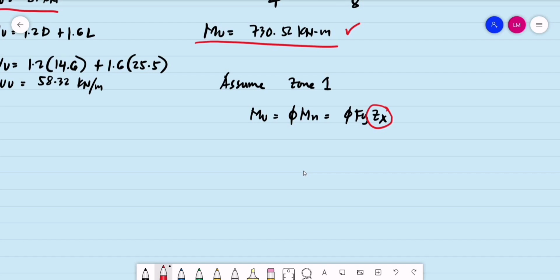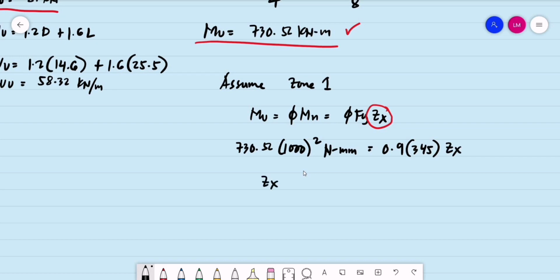So let us compute. 730.52, to be multiplied by 1000 squared to be in newton millimeter, is equal to the reduction factor for bending, 0.90, our Fy is 345 megapascals. Then what will be our required plastic section modulus? Again, this value is just our reference.